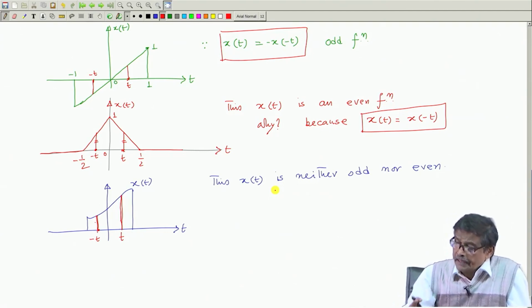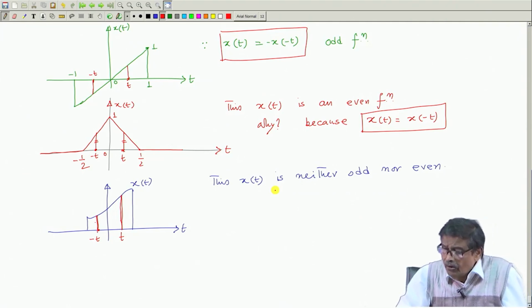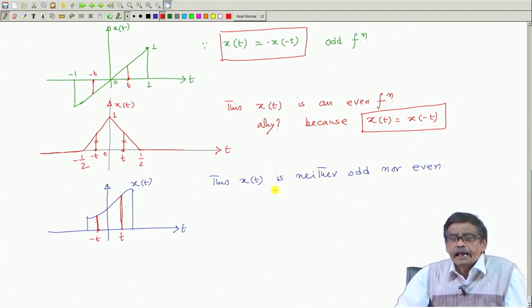However, any function which is neither odd nor even can be broken up into the sum of two functions, of which one will be even, another will be odd.